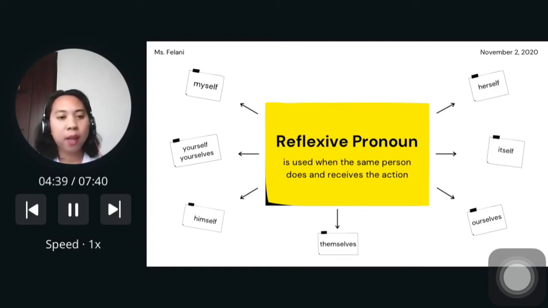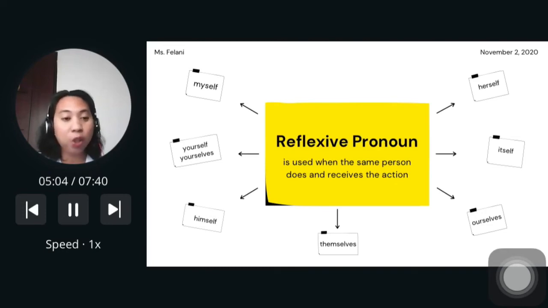To decide which reflexive pronoun we use, we have to look at the personal pronoun first. There are some personal pronouns that we know, right? For example, I, you, he, she, it, we, they. Those are personal pronouns.